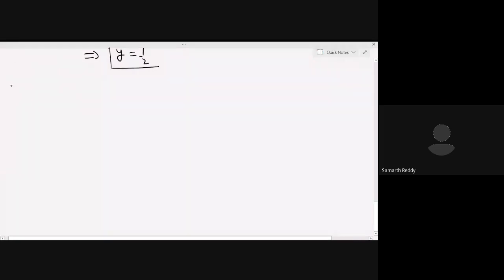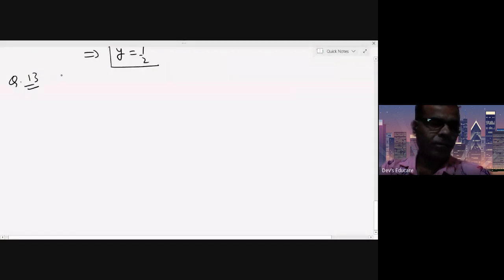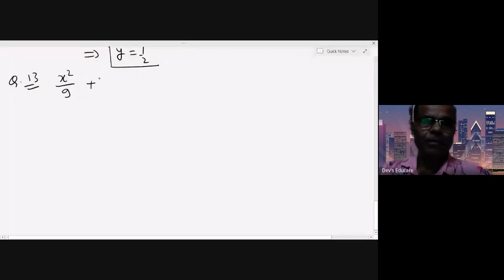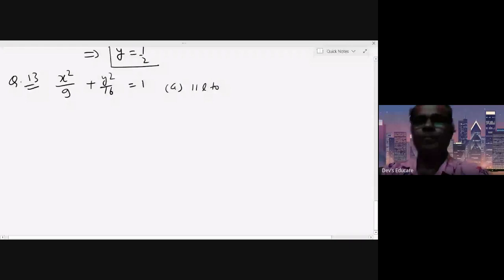So, question number 30. Find points on the curve x squared upon 9 plus y squared upon 16 equals 1, at which the tangents are parallel to the x-axis.